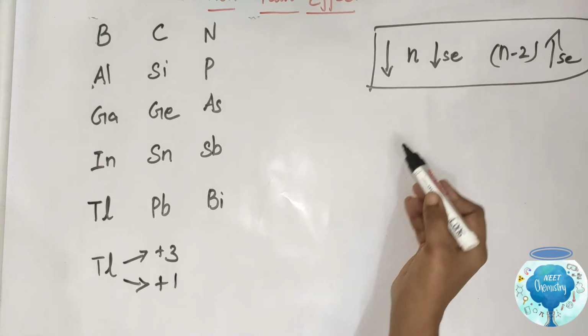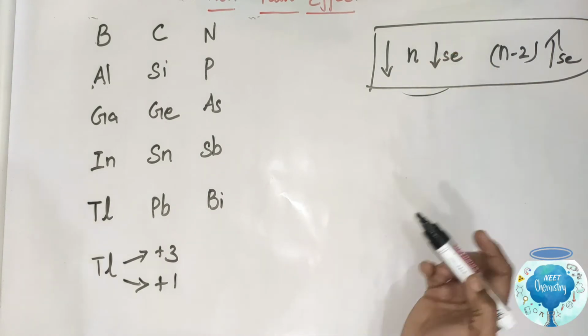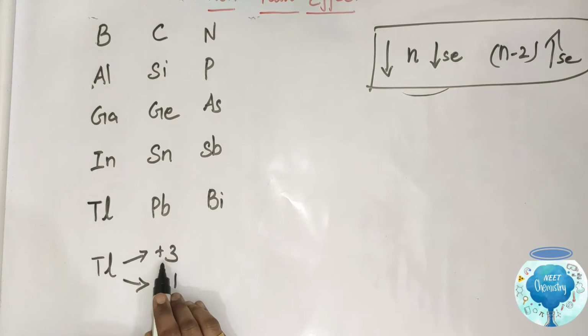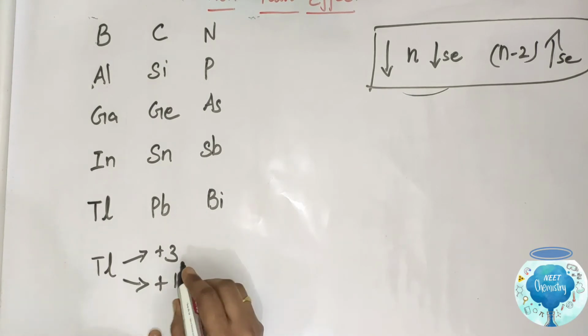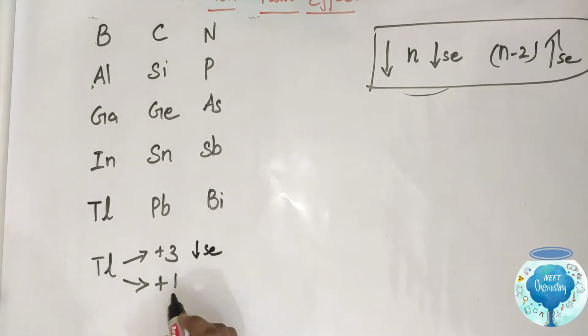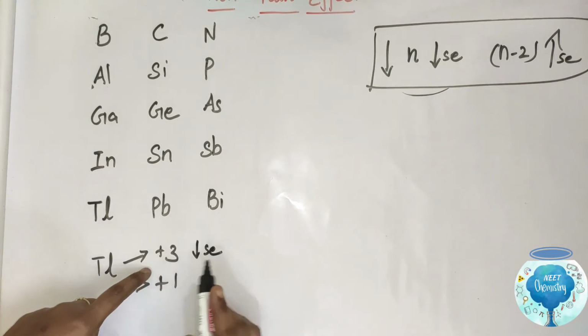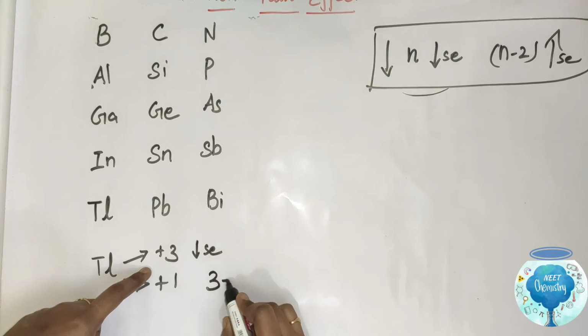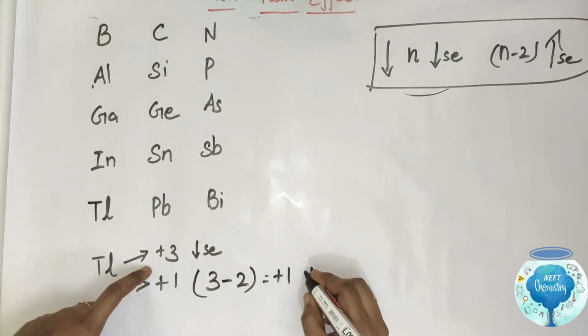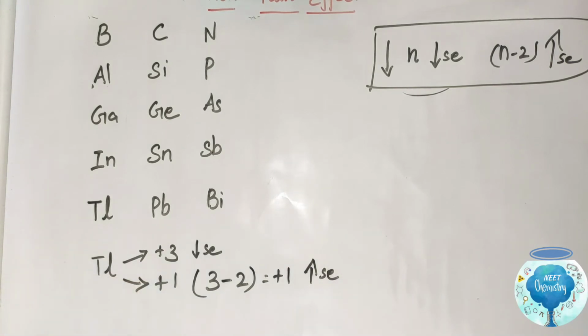The maximum oxidation state N of the boron family is +3. So the +3 oxidation state decreases and N-2 increases. N-2 is 3 - 2, which is +1. So the +1 oxidation state increases.